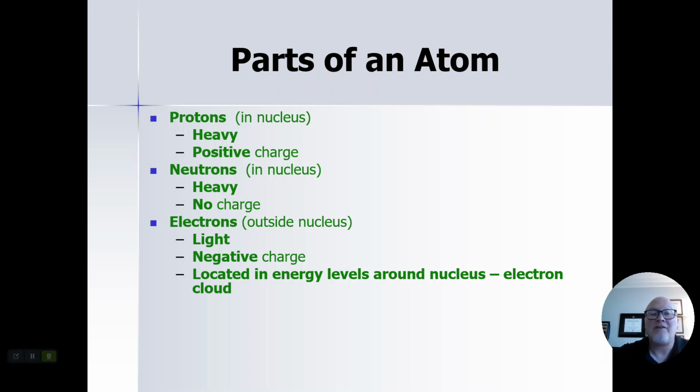Electrons are found outside the nucleus. Relative to protons and neutrons, electrons have negligible mass. Now that doesn't mean they don't have any mass. It just means that compared to protons and neutrons, they don't add any mass to the mass of an atom. Not appreciably.